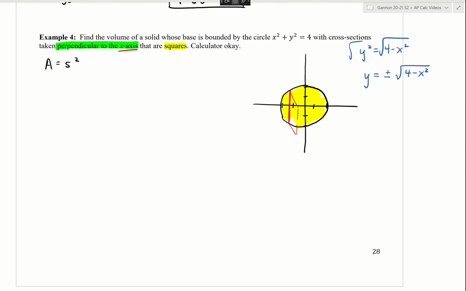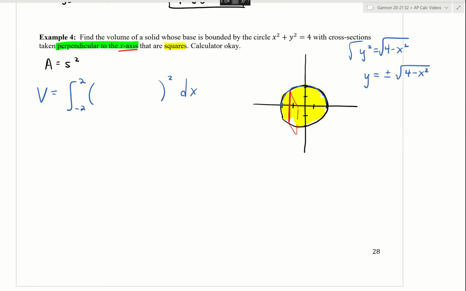The top piece is the positive square root of 4 minus x squared, and the bottom is the negative square root of 4 minus x squared. So when we set up the integral for volume, our limits of integration are going to go from -2 to 2. All right. We are squaring in this situation in terms of x.